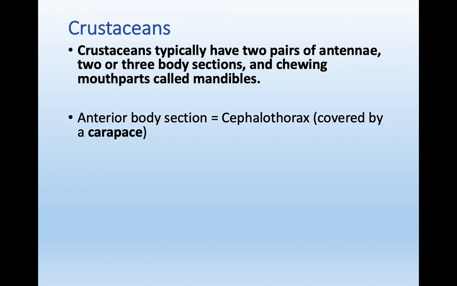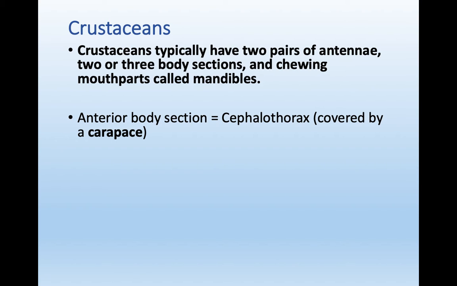You have an anterior body section called a cephalothorax. And cephalothorax, just think of it as almost like the grasshopper dissection that we did last week. Remember that the first section is called the head, the second section is the thorax.